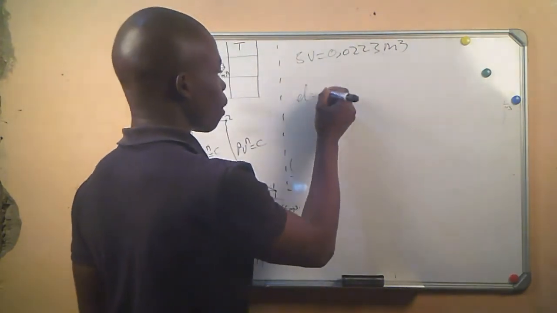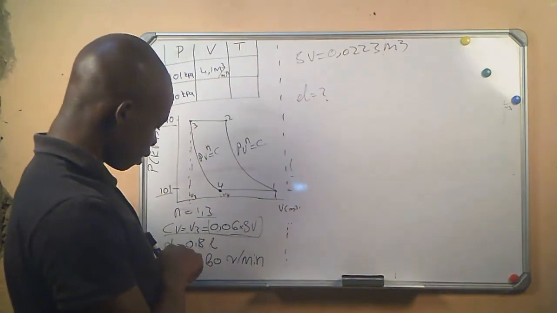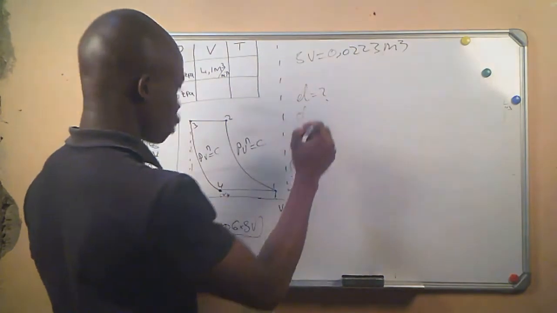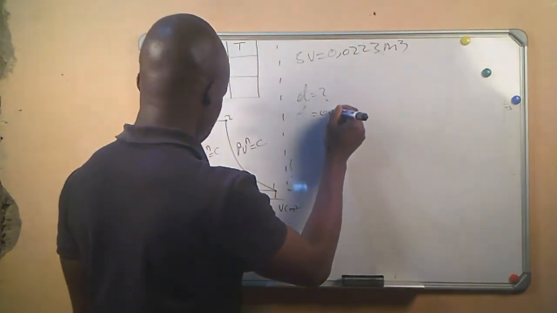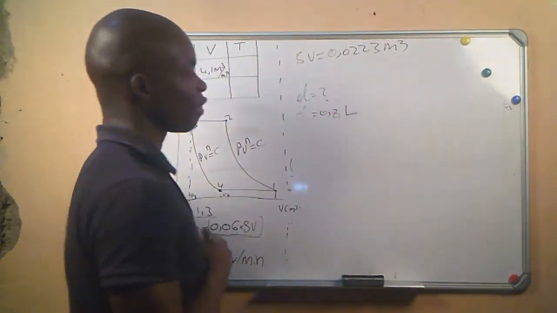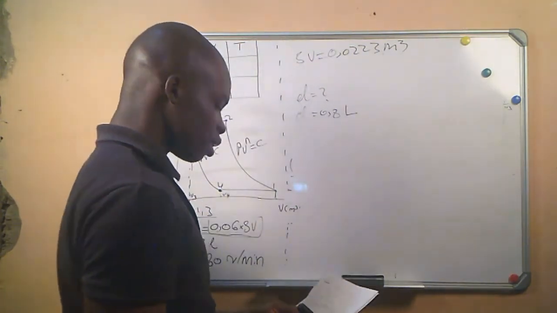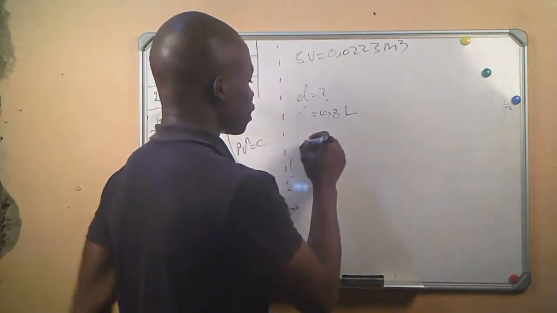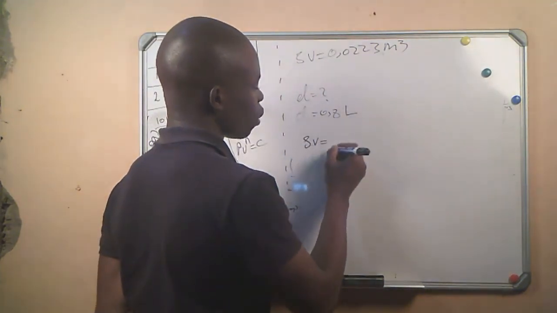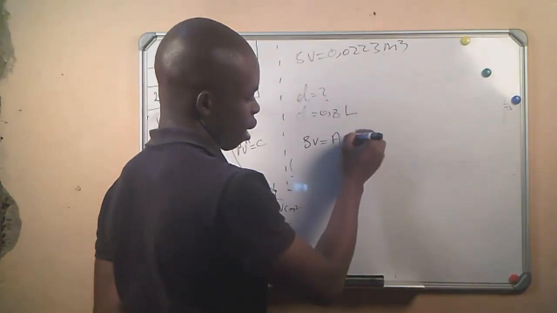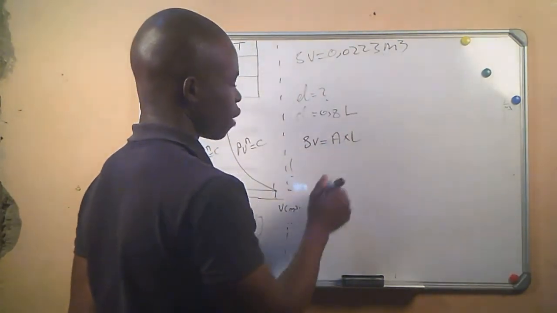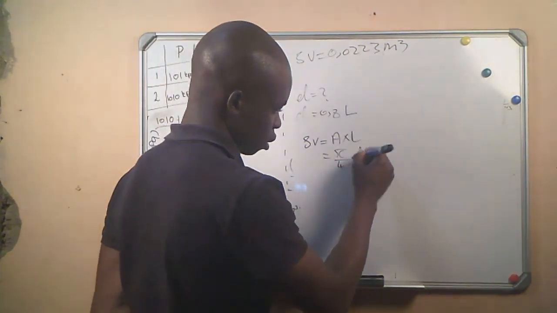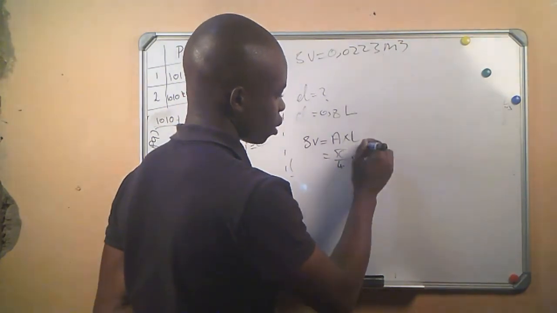So they said we must calculate the diameter, and then they gave us that the diameter equals 0.8 of the stroke length. We know that the swept volume we can calculate using this equation, which is area times the stroke length, where the area is pi over 4 times the diameter squared.